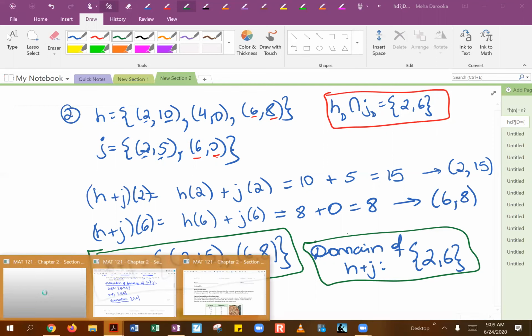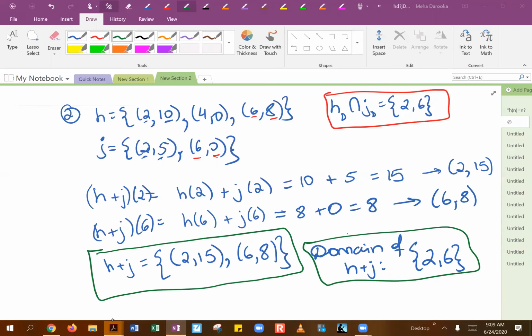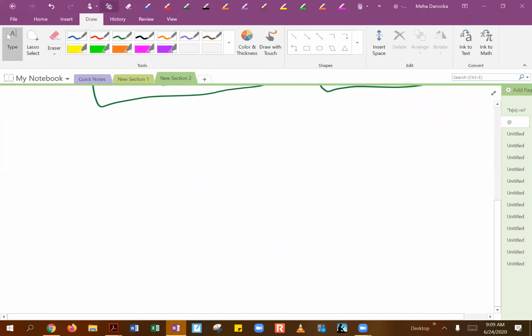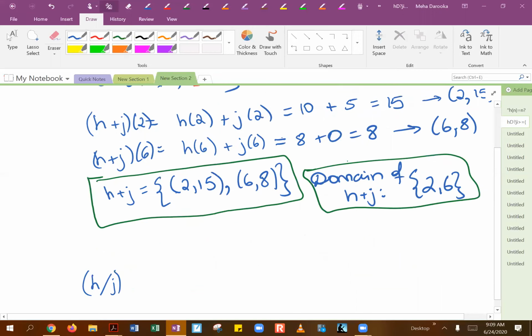Okay, they are asking us to basically repeat the process with h divided by j. So let's do that next. For h divided by j, of course, we would still need to use the same two numbers that we got in the intersection, which is 2 and 6.